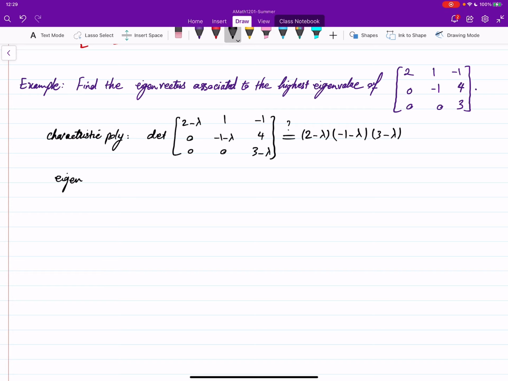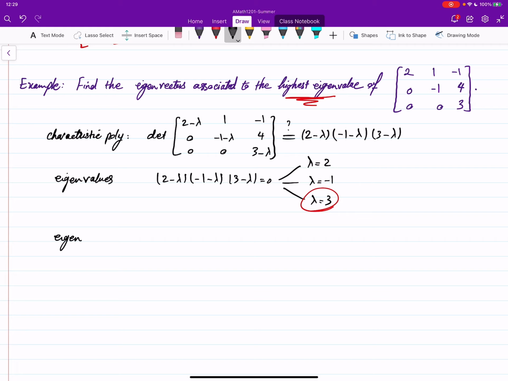Eigenvalues, set this guy equal to 0. So that will give me 3 eigenvalues. It's either 2, negative 1, or 3. Since we are interested in the highest eigenvalue, the highest eigenvalue is this, and I try to solve, find eigenvectors.